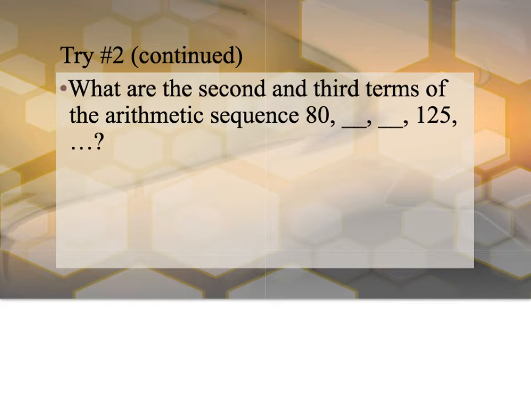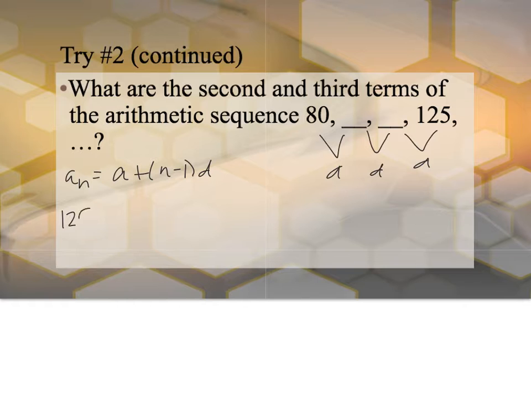Okay? Let's look at the next try. So again, we're trying to figure out what the second and third terms are of the sequence that's already started. So remember, these should all be common differences, right? So again, A sub n equals A plus n minus 1 times the difference. A sub n, meaning the last number, is 125. A is the first number, so that's 80. And at this point, we just need to figure out how many differences there are, and it's 3 differences.